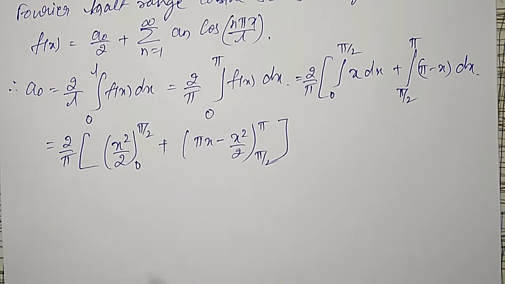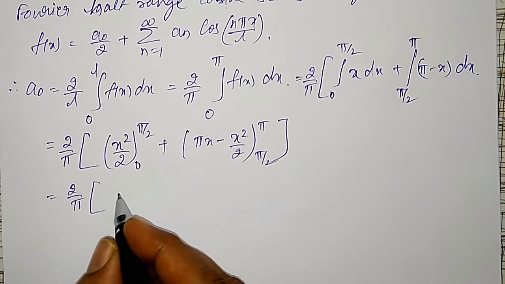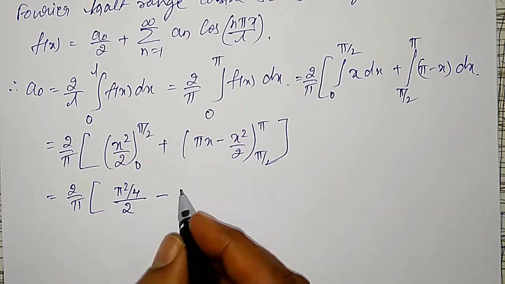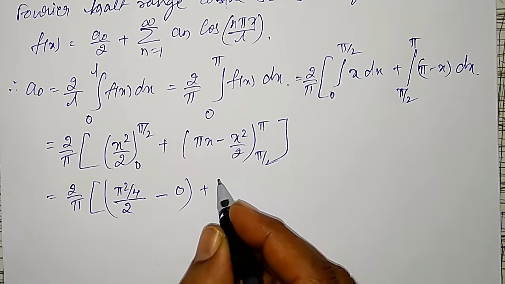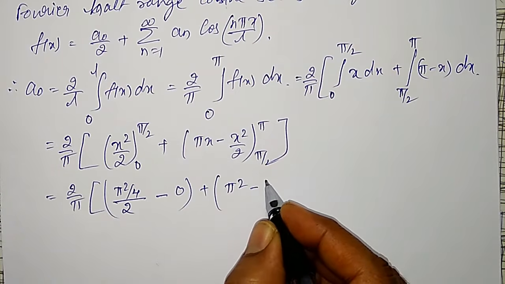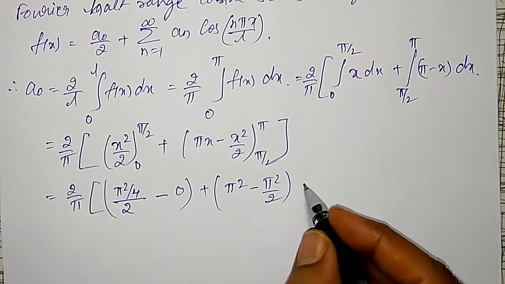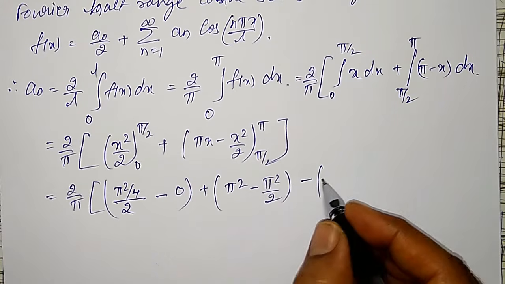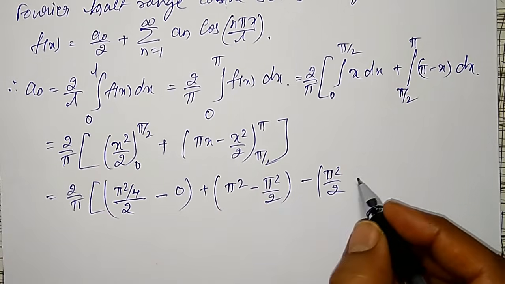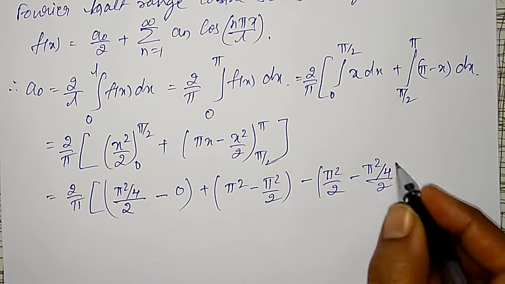Substitute upper limit minus lower limit for both the terms, that is 2 by pi into upper limit, that is pi square divided by 4 divided by 2 minus lower limit 0, plus again x equal to pi into pi square minus pi square divided by 2, this is upper limit, minus lower limit x equal to pi by 2, pi square divided by 2 minus pi square divided by 4 divided by 2.